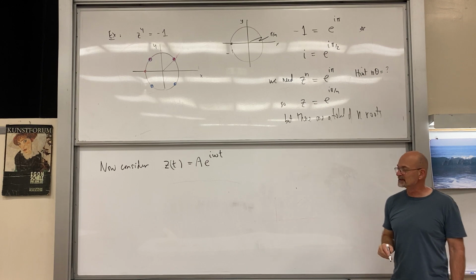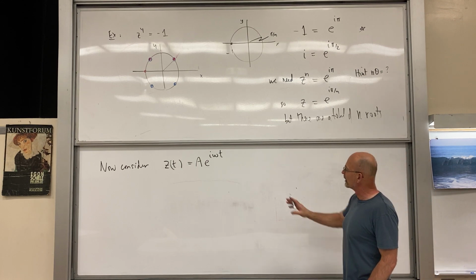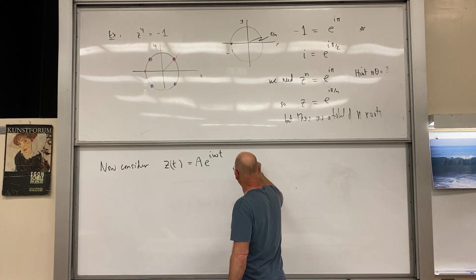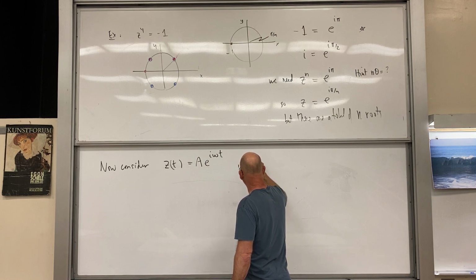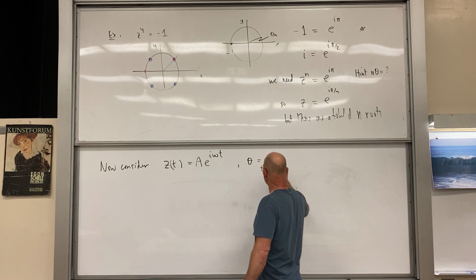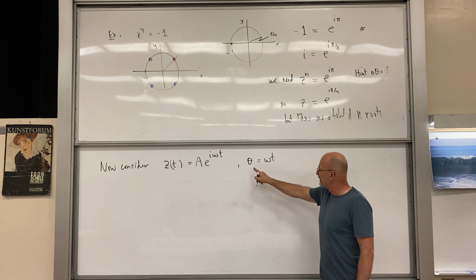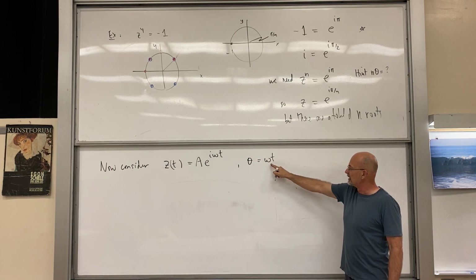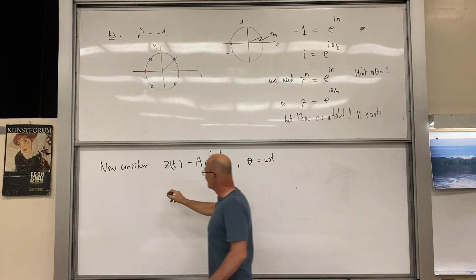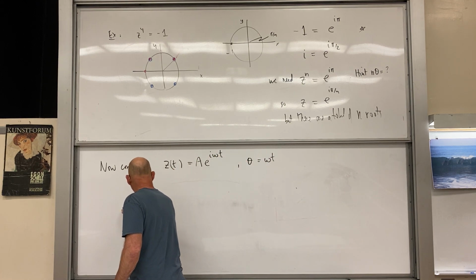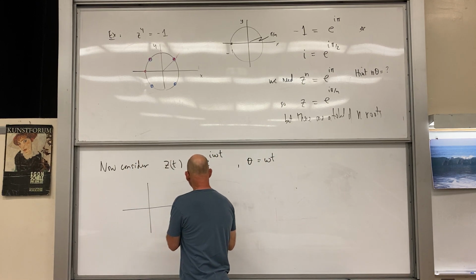Okay. Go straight to where we're doing. So that is to say, we now have theta is equal to omega times t. Well, since theta is an angle, omega is an angular frequency, and if you just want to look at this thing in the complex plane, A is real for the time being.